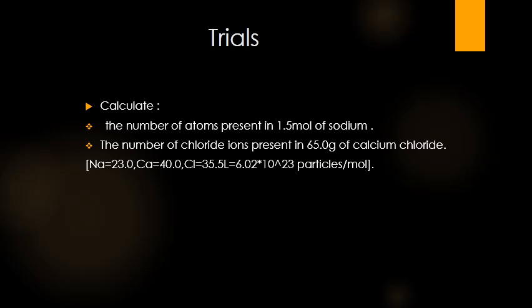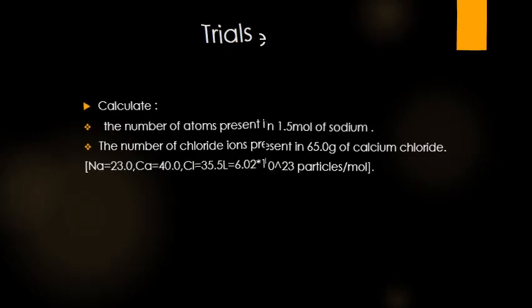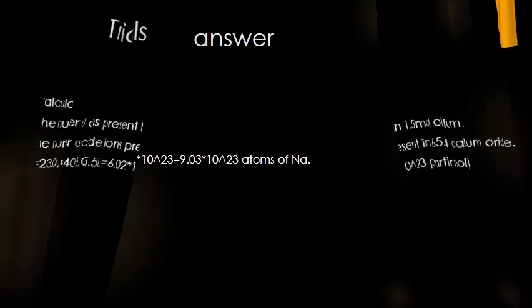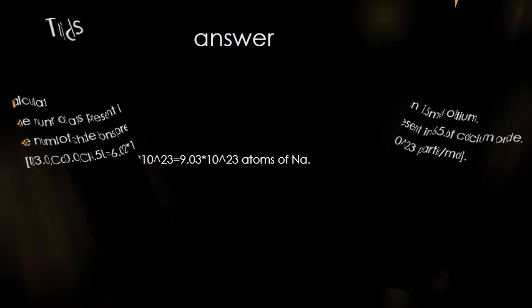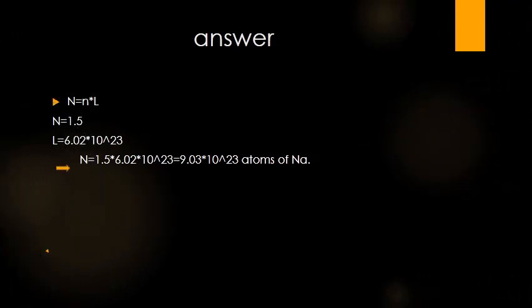Okay, let's see how we'll do this. Give it to us first. We have the equation capital N equals n times L. As we all know from the definition of Avogadro's constant, we got this relation.